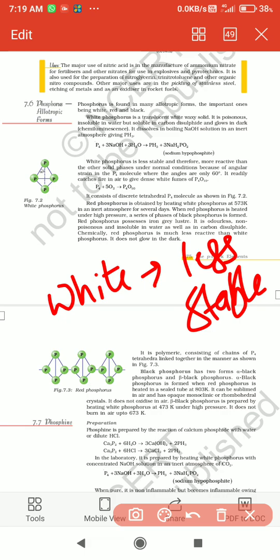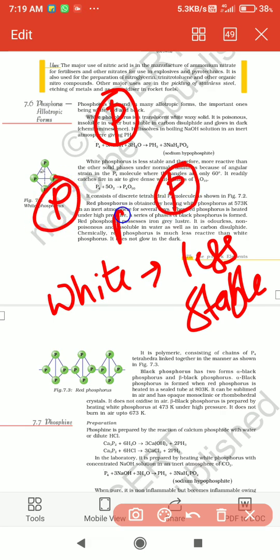And this phosphorus molecule exhibits the structure P4, a tetrahedral shape. The structure looks like this: four phosphorus atoms bonded together. Because of the angle strain between the phosphorus atoms, the bond angle is only 60 degrees.